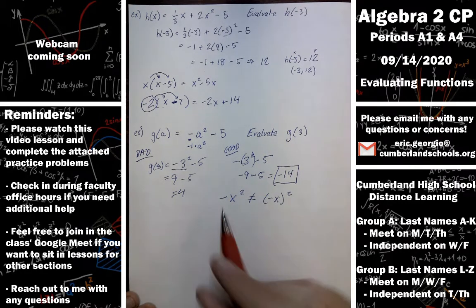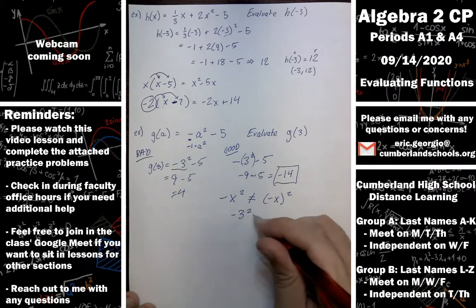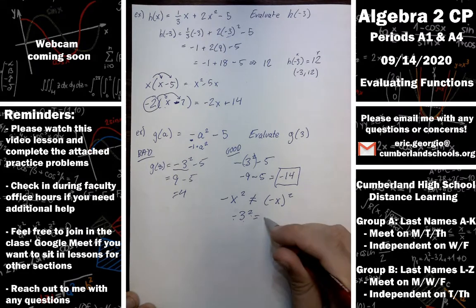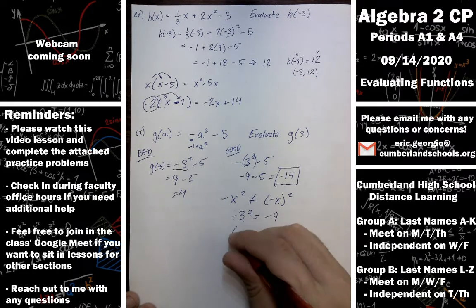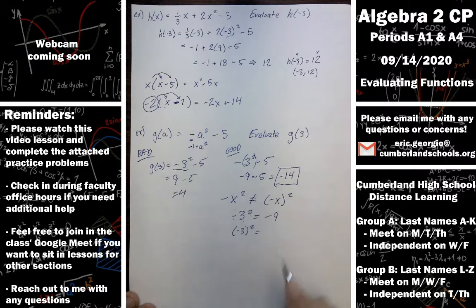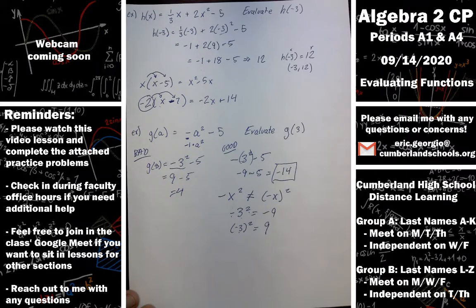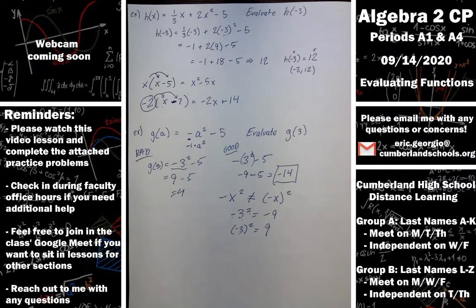If you have negative 3 squared, that means to take the opposite of 3 squared, which comes out to be negative 9. If you have this, negative 3 squared, very similar, very sneaky, this is negative 3 times negative 3, which is positive 9. So that's a spot where students tend to make a lot of mistakes, so that's why I wanted to point that out to you.